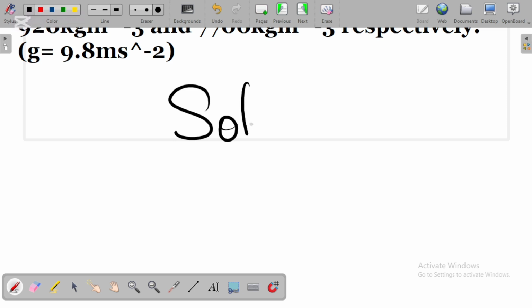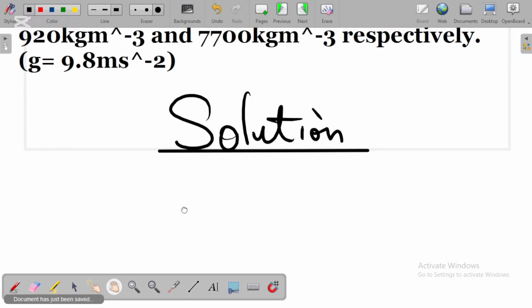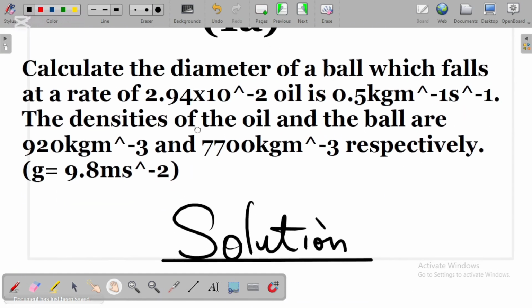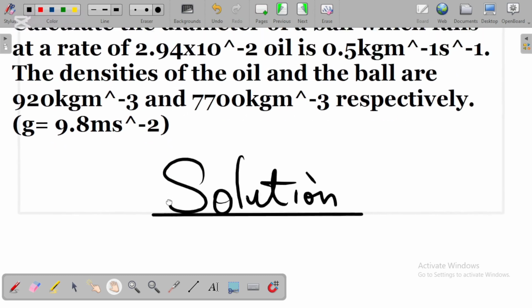Solution. Our major task here is to write down the given parameters. Let's look at the question again. Calculate the diameter of a ball which falls at a rate of 2.94 times 10 raised to the power negative 2. Alright, let's write down the given parameter.